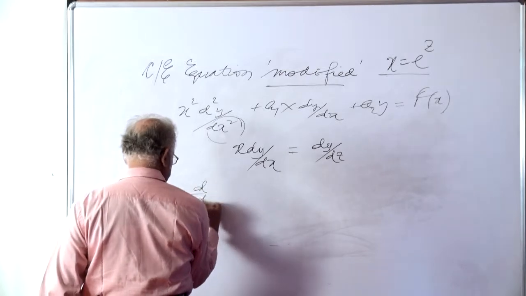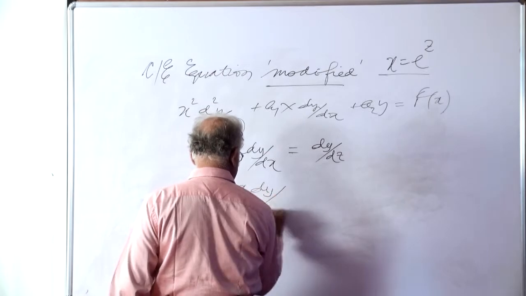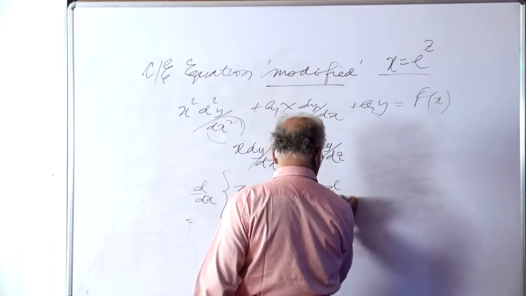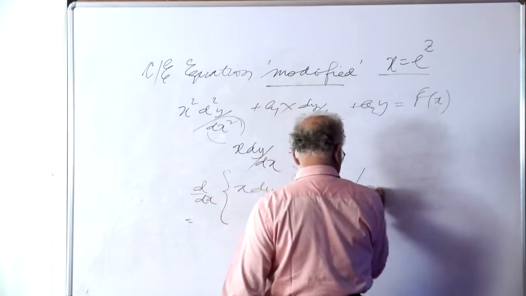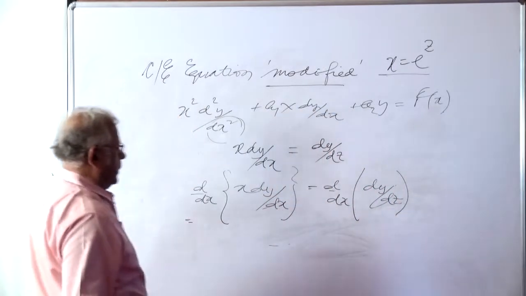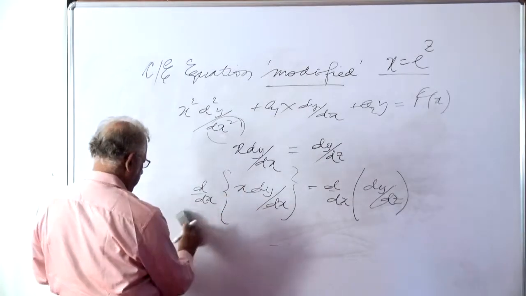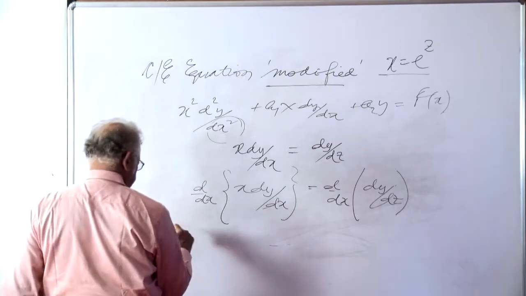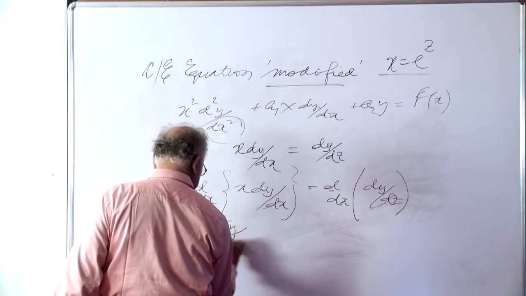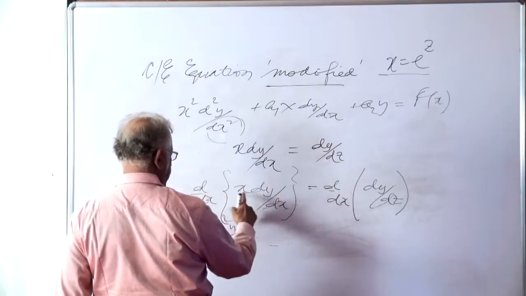d dx of x dy dx is d dx of dy dz. In other words, if we do a differentiation of x dy dx by the product rule, we first get, this implies, x d2y dx2 plus dy dx into 1.